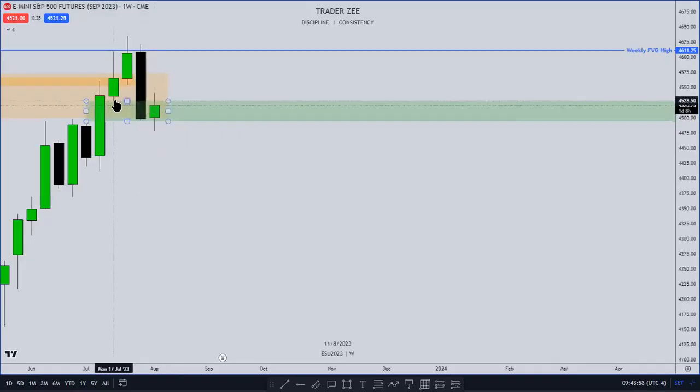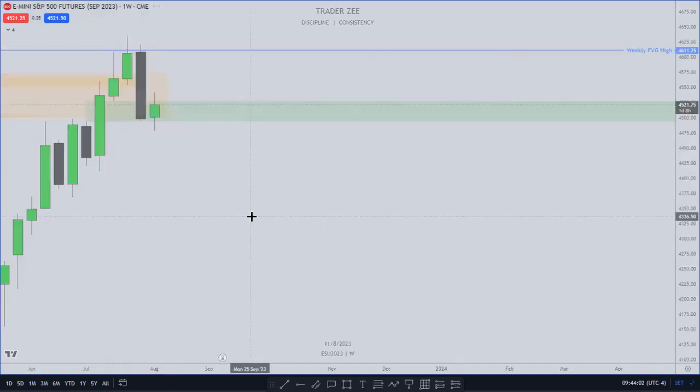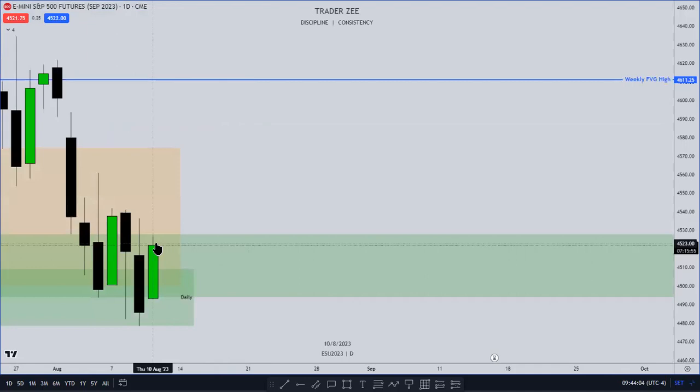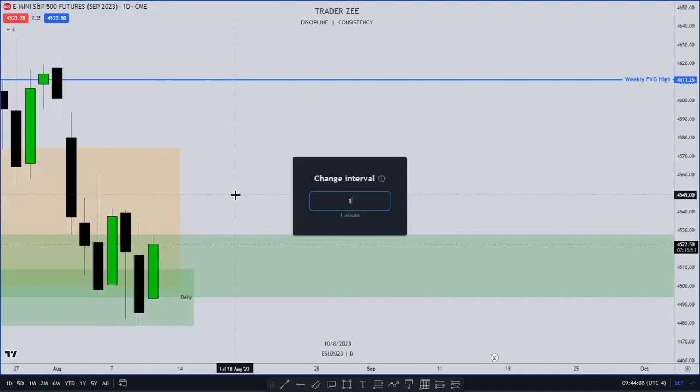This is what I'm talking about. This weekly fair value gap high. The high right now is the weekly fair value gap high.